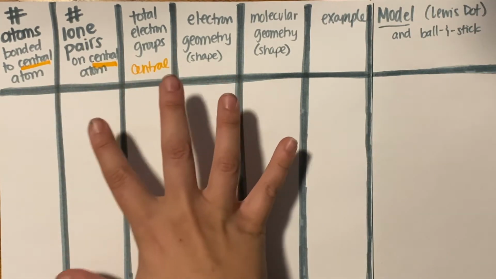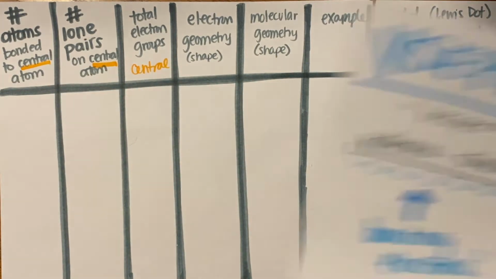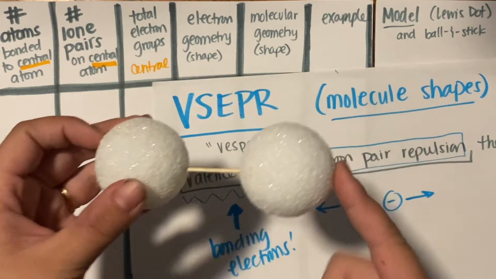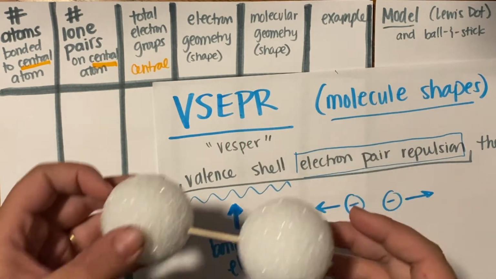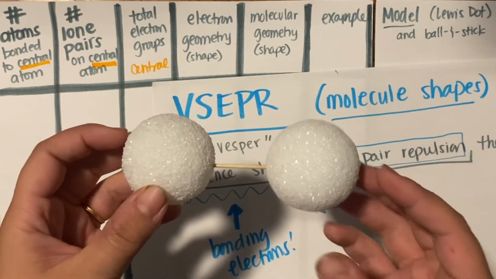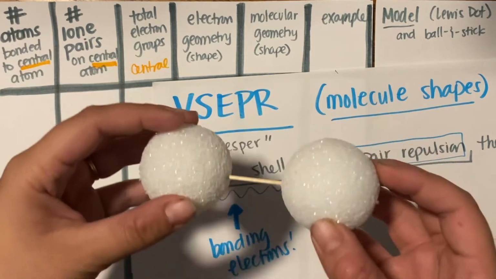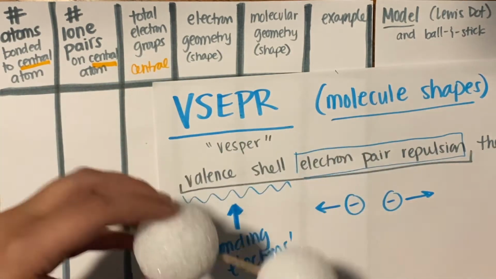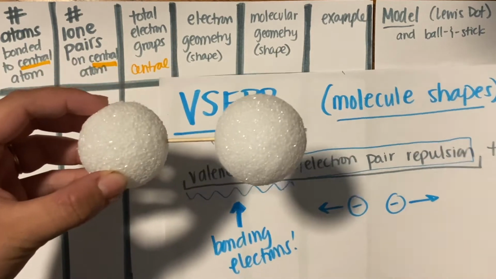So when we actually start talking about the VSEPR model, the minimum you need is 3 total atoms. You're not going to be talking about 2 because there's no central atom. What's the center? There is no center. It's just atom 1 bonded to atom 2. You need a central atom.